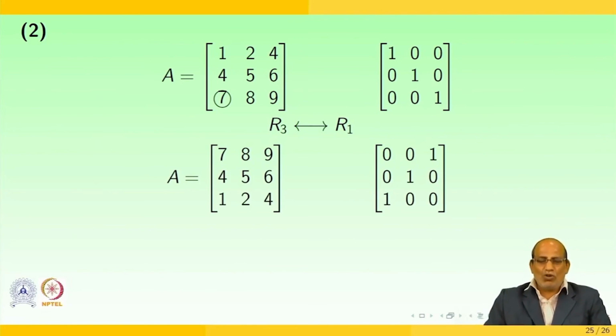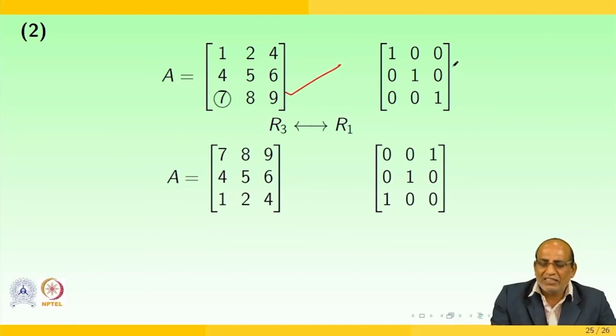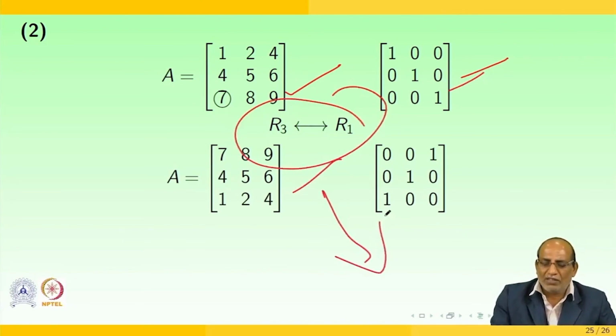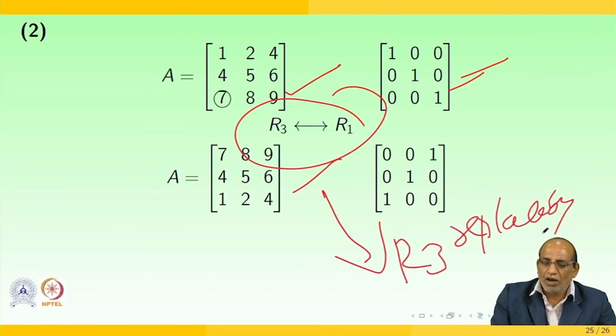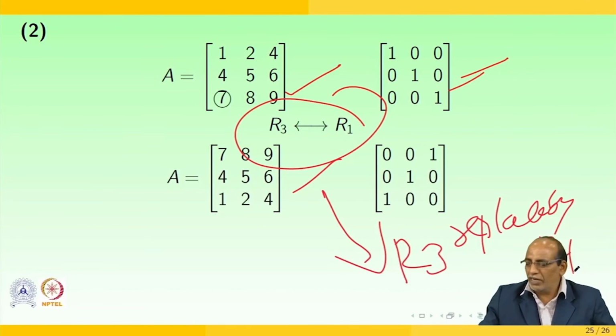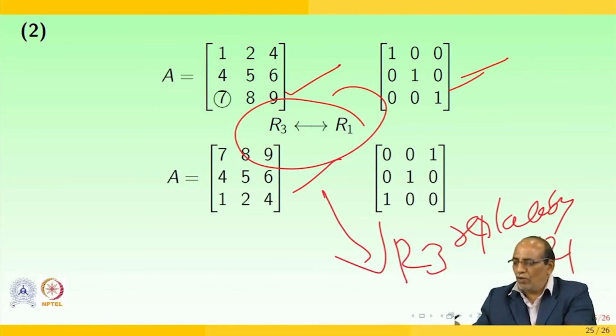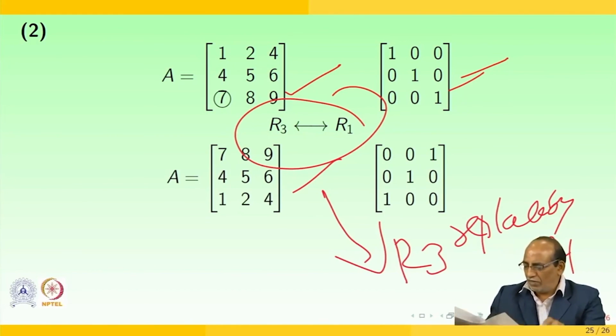A is equal to 1, 2, 4, 4, 5, 6, and so on, together with 1, 0, 0, 0, 1, 0, 0, 0, 1. Now apply the swap of R3 and R1, so R3 is replaced by R1. What would happen when you replace R3 by R1?